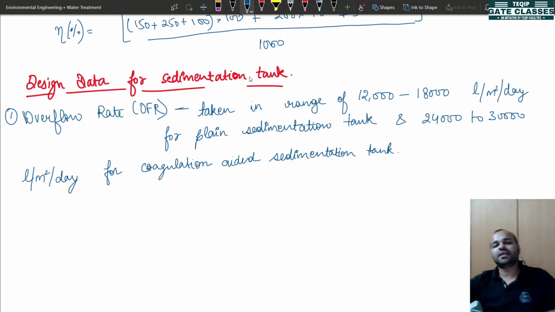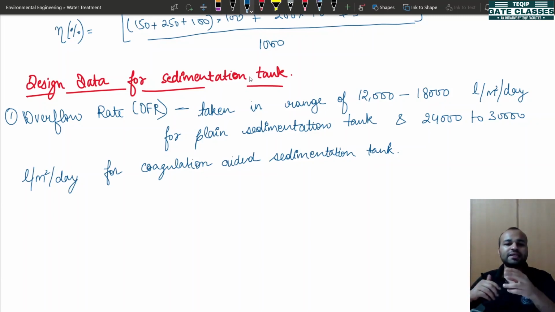But basically, just to give a brief introduction, what does coagulation mean? That there are certain particles of smaller size than the concerned size particle as of now. What we do, we introduce some chemical, some reaction happens, and all these particles come and stick together to form a bigger size particle, which finally settles down in the sedimentation tank.